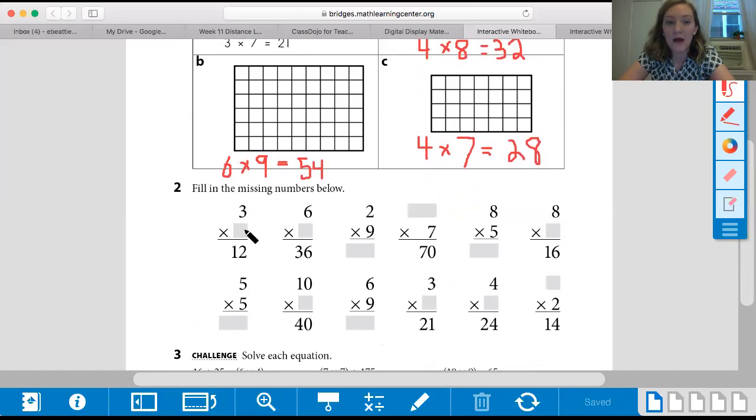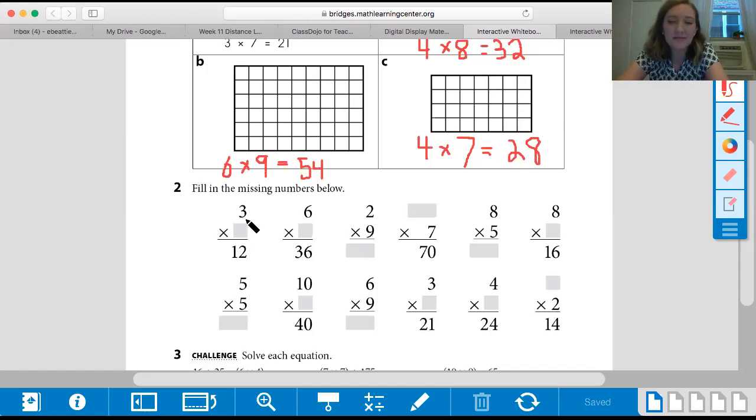Remember the little empty box here. You're thinking to yourself, what needs to go into that box to make this true? So 3 times what will give me 12? 3 times what gives me 12? You could also think about it as 12 divided by 3: I have 12 things and I broke it up into 3 groups. How many would be in each one?